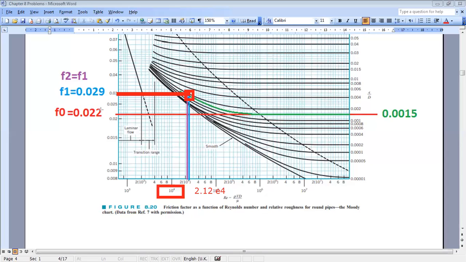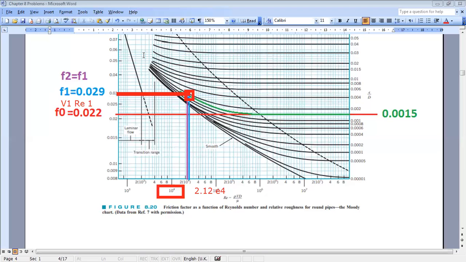I should repeat everything: calculate a new velocity, calculate a new Reynolds number, and plug in again in the Moody chart. So now, if I go back to my equations and replace F by 0.029, I will get a new velocity V1, and a new Reynolds number now.